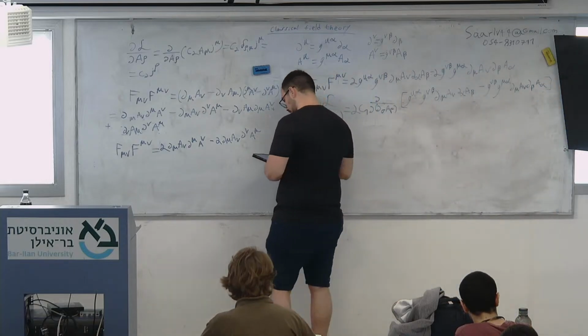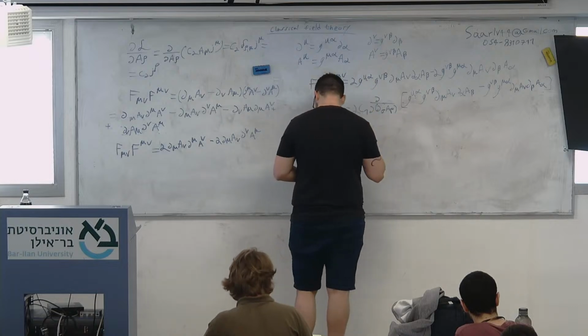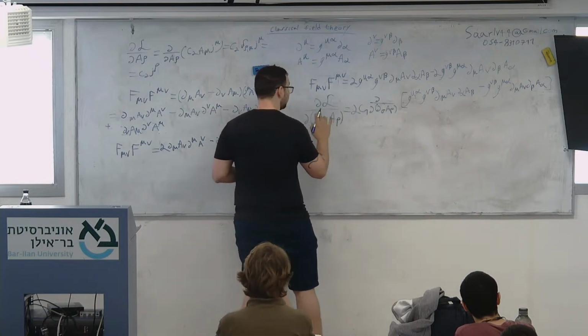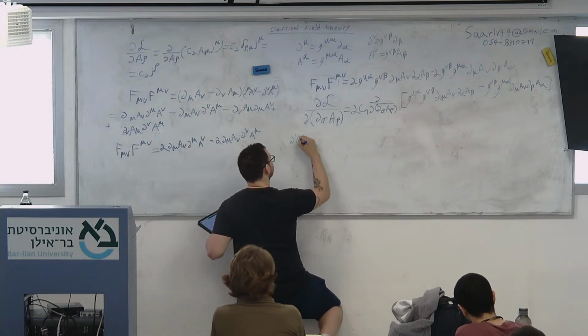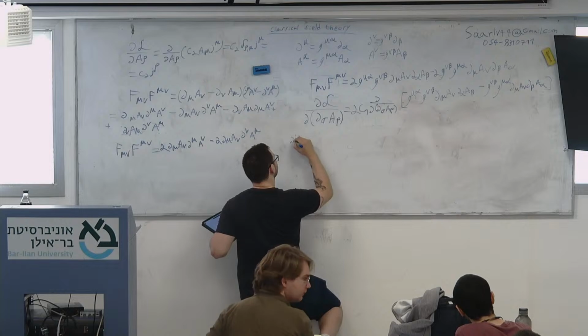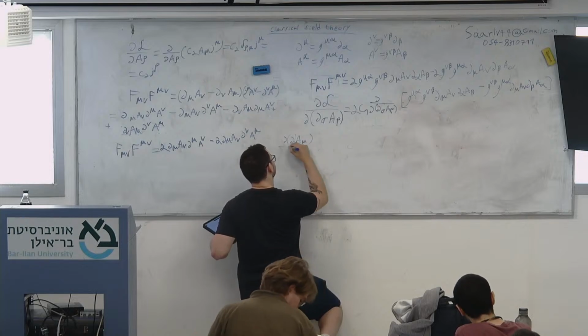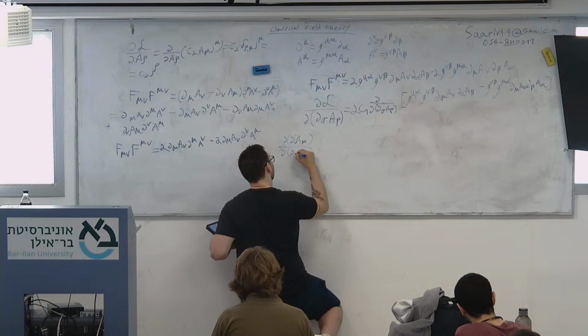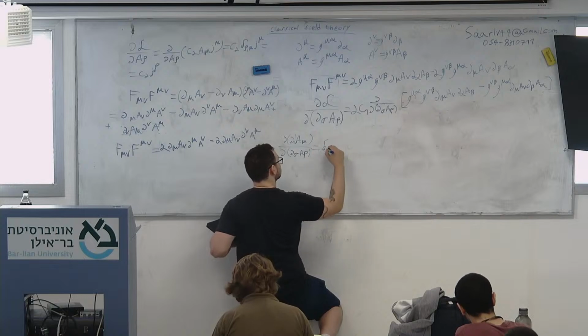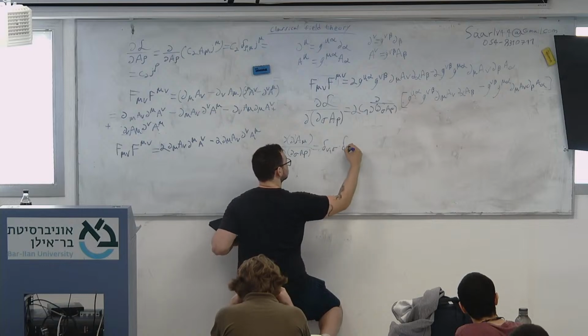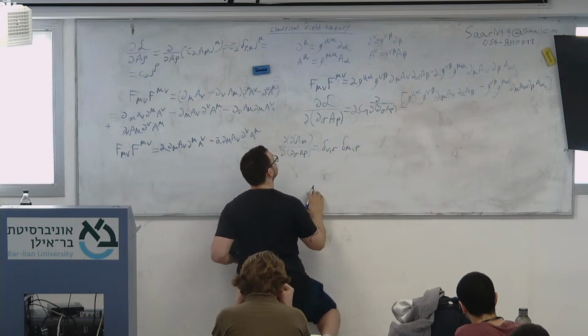Right. Now we'll take the derivative by parts, with the reminder that it is equal to tau. Right.